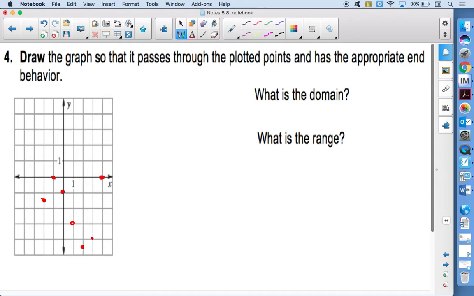And I know the last one doesn't fit on the graph, just put it way high up, because the last one was 5, 9.